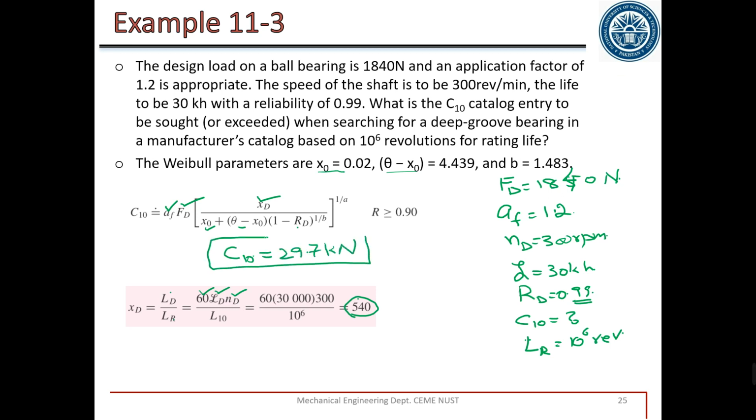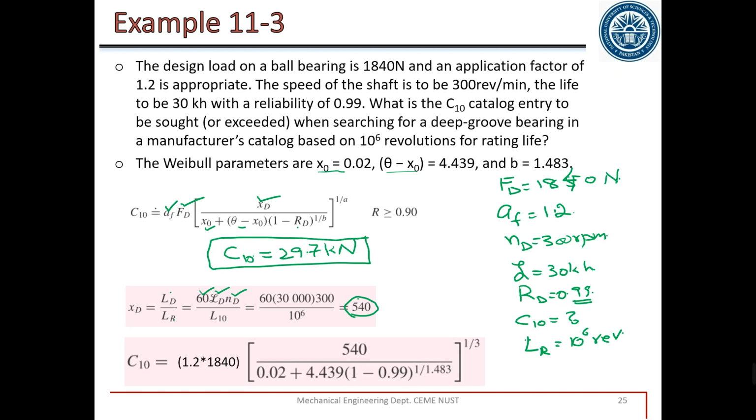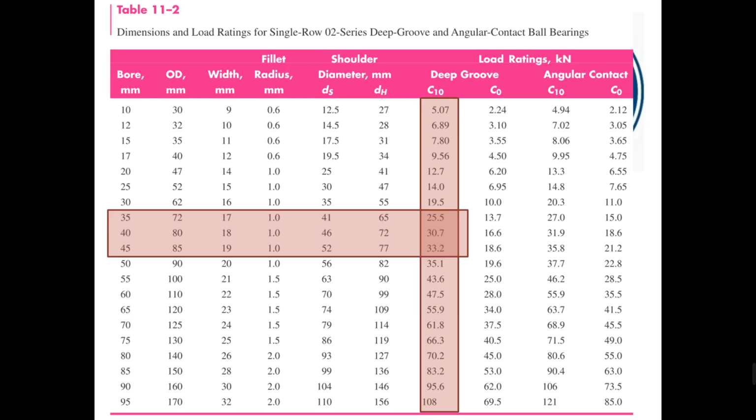So for this specific case, we need a bearing with a rated C10 of 29.7 kilonewton. If you check this chart, again table 10-2, for deep grooves, life of C10, this is less, this is more, and this is furthermore.